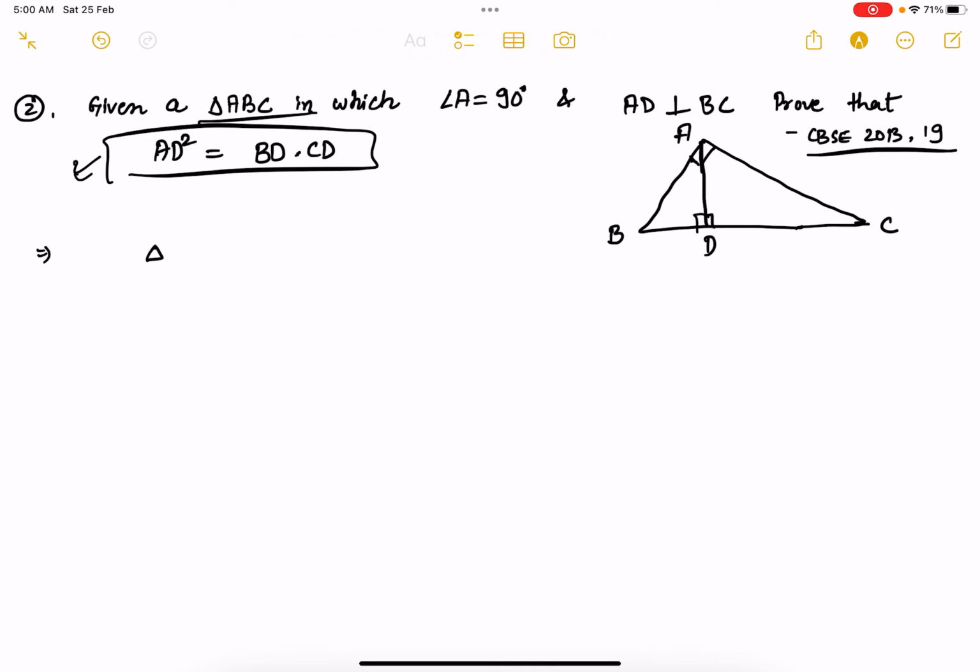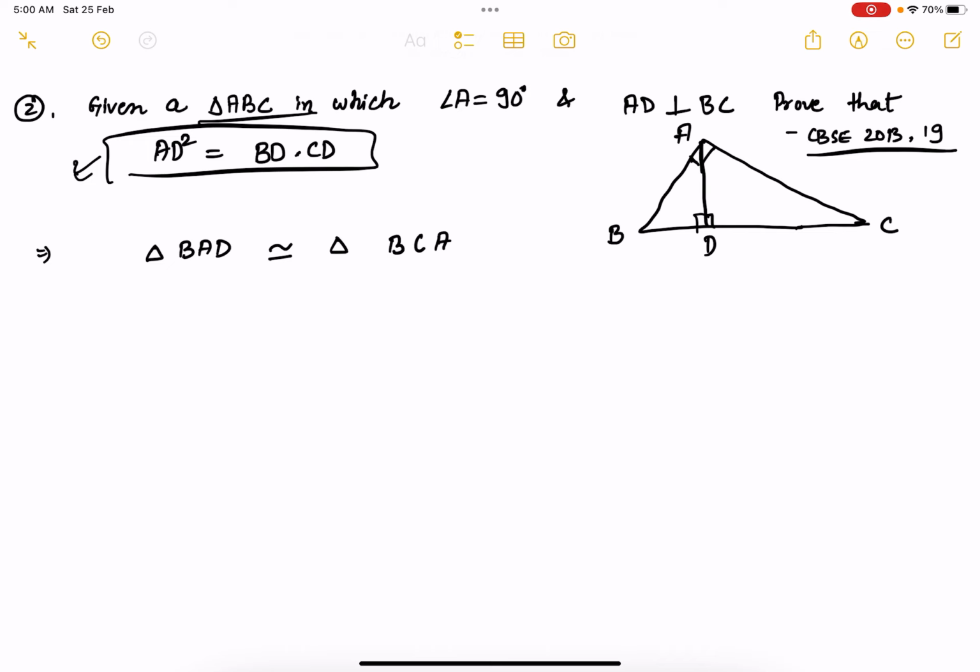Triangle BAD will be similar to triangle BCA, where B is common, and instead of D we have A.